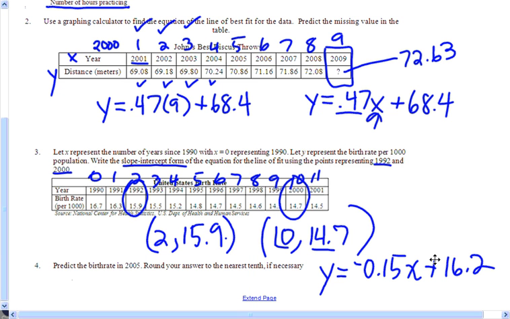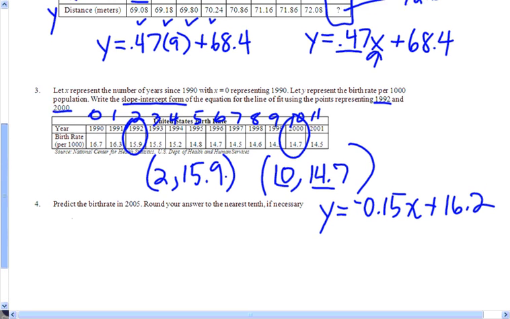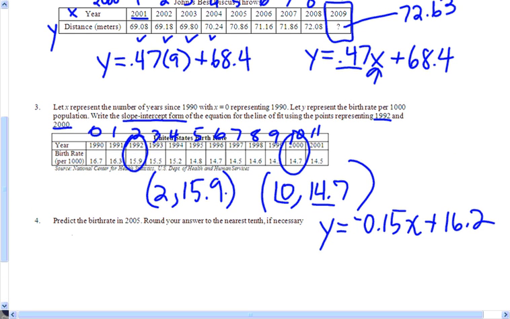There's our equation. And then number 4, we have to predict the birth rate in 2005. And for 2005, what number would we use? Yeah, that would be 15. So we're going to input 15 into x into our equation.